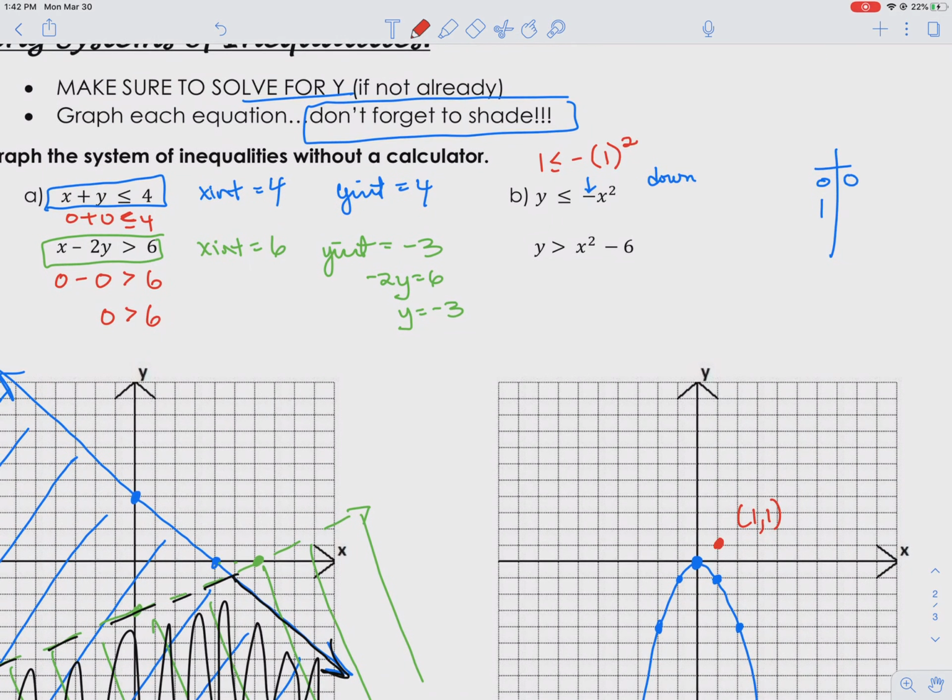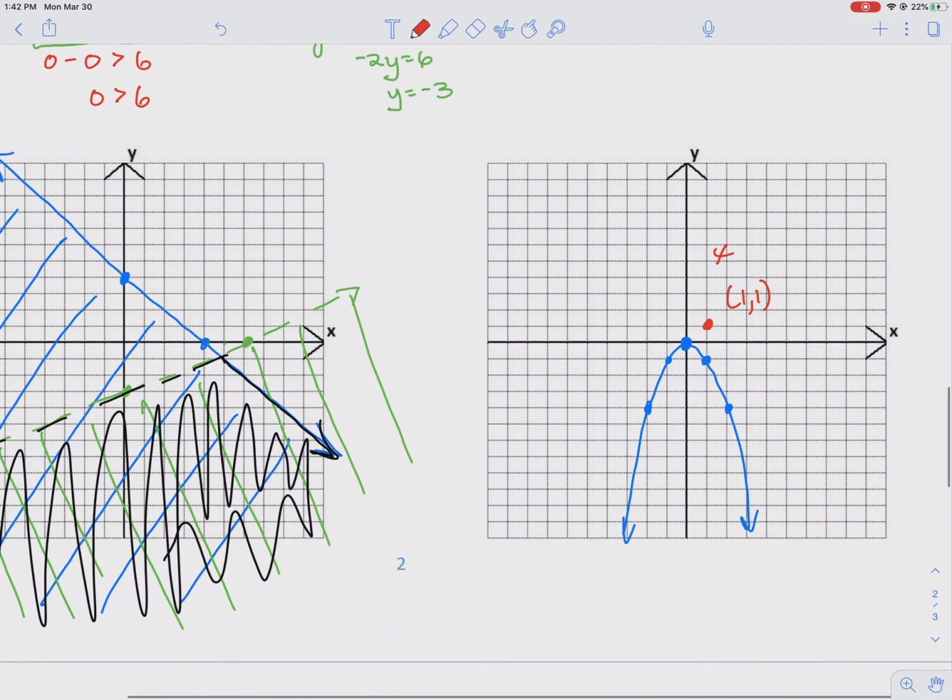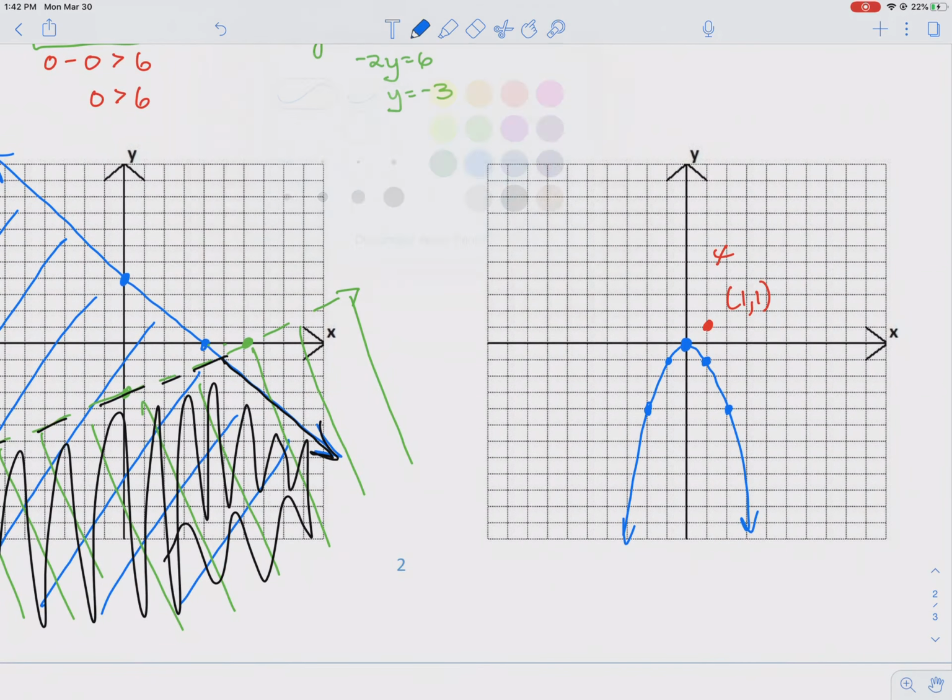Notice that I'm only squaring that 1. That stays a negative. So that is saying 1 is less than or equal to negative 1. Is 1 smaller than negative 1? No. So I'm not going to shade it there. So I'm going to shade it inside. So let's shade inside.